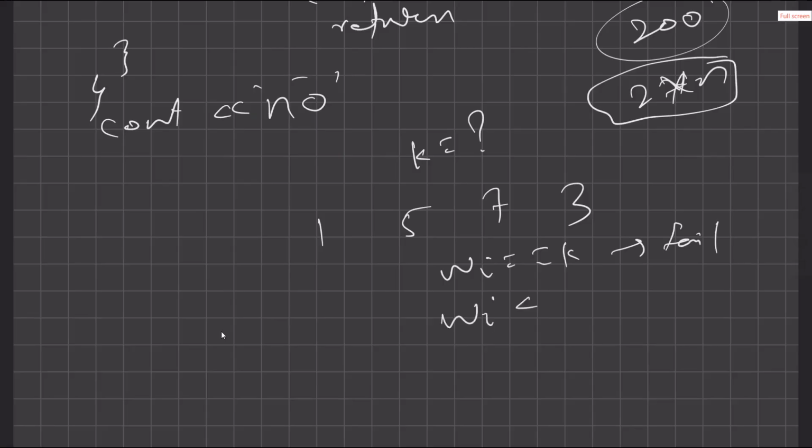If weight is less than k, then it's a left operation. And if weight of I is greater than k, you have to move it to the right hand side.